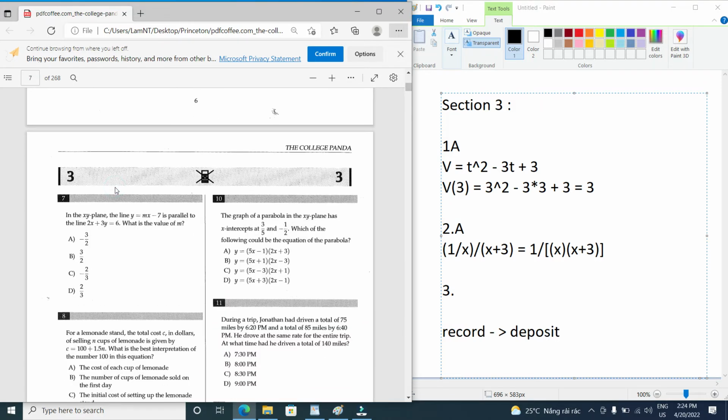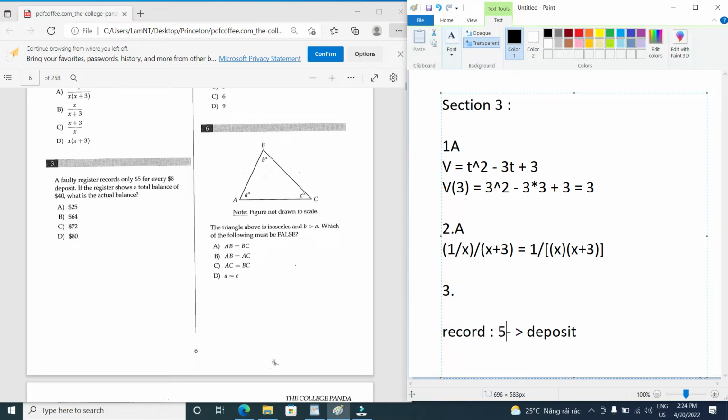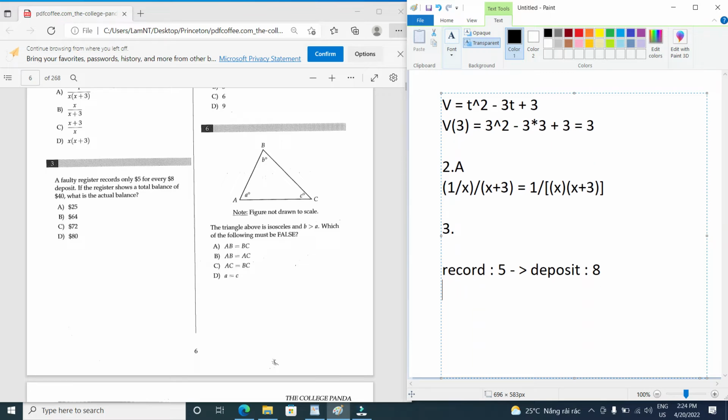So you can see this is a ratio relationship, the ratio of record over deposit is 5 to 8. Now we know that the record, which is shown, is 40.